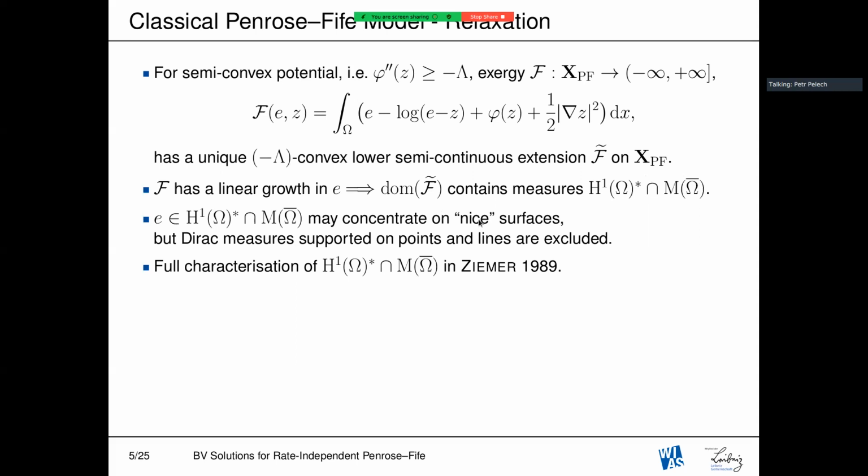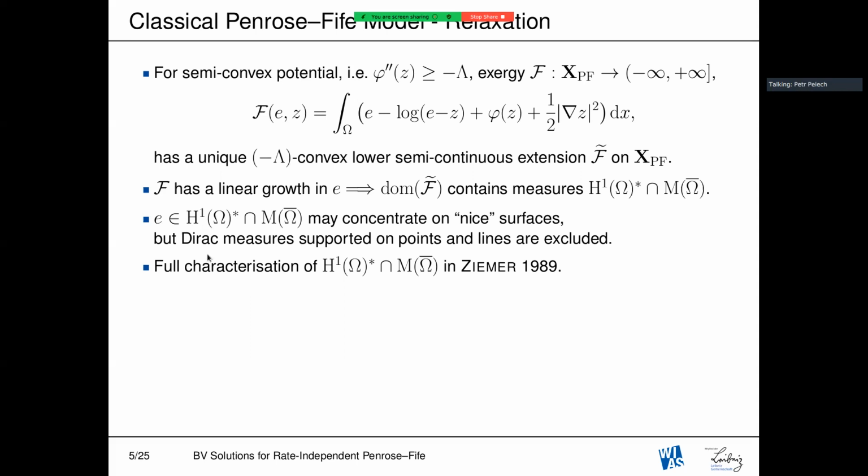Because for a nice surface, you have trace theorems. So we have a trace, and hence a measure concentrated on this surface defines a nice function on H1. But point measures like Dirac measures supported on a point or line are simply not contained in H1 star.